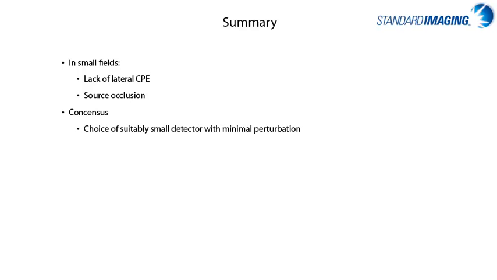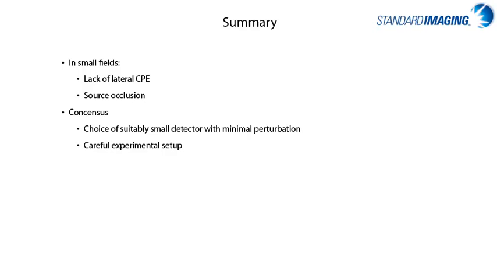To summarize our discussions today, in small fields, there is a lack of lateral CPE, and the source is often occluded by the collimators, along with the other characteristics we discussed previously. For making measurements in small fields, the consensus is to ensure that you have chosen a detector that is suitably small and has minimal perturbation effects.